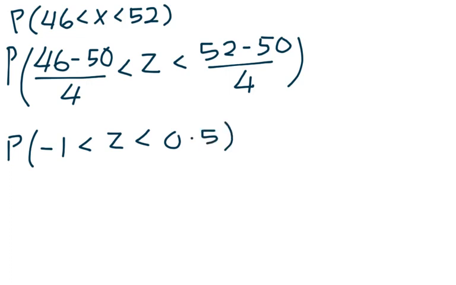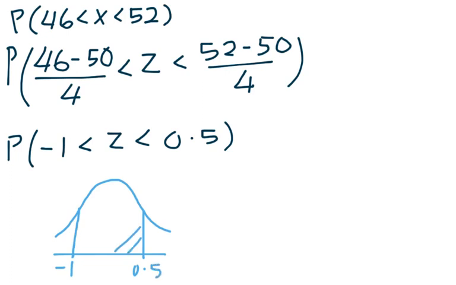Okay, so still the same thing when we have the z value. So always draw our standardized normal distribution with the shaded area. So one is a negative value, one is a positive value. So that means one is on the negative side. So negative 1 is here. One positive is on the positive side. So 0.5 is here. So then the shaded area is going to be in between these two values.